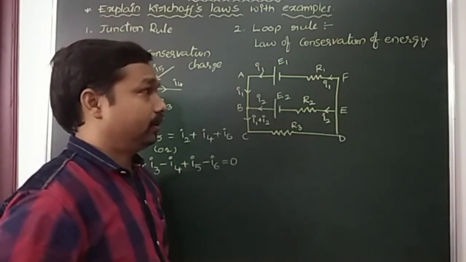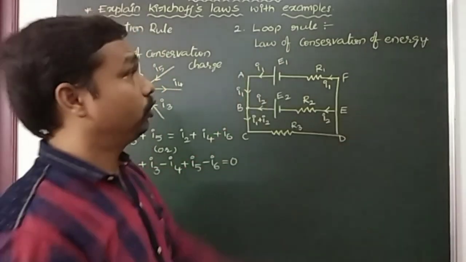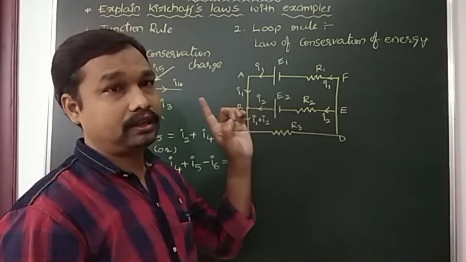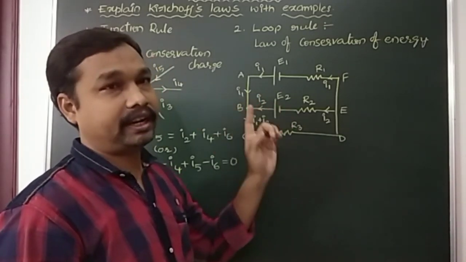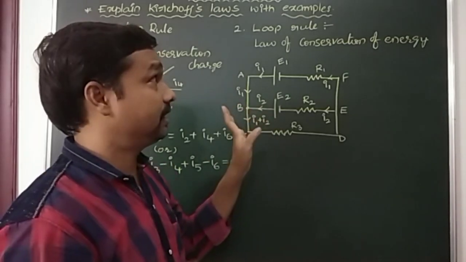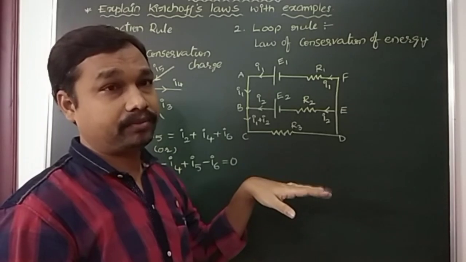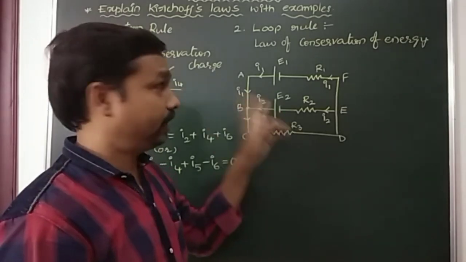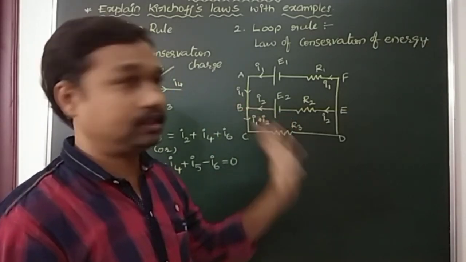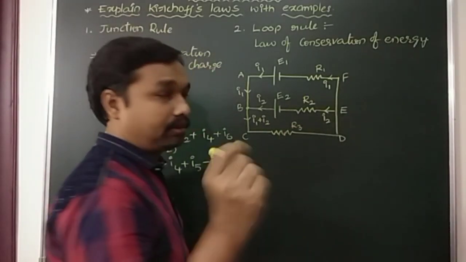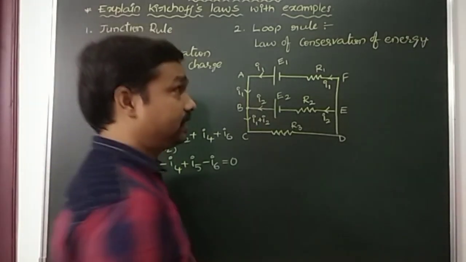Right now, according to the loop rule, the algebraic sum of the product of resistance and current remains constant, or else the increase or decrease in potential difference in a closed loop must be equal to 0. You can take any one of the statements, but I want to tell you one small point for easy understanding.